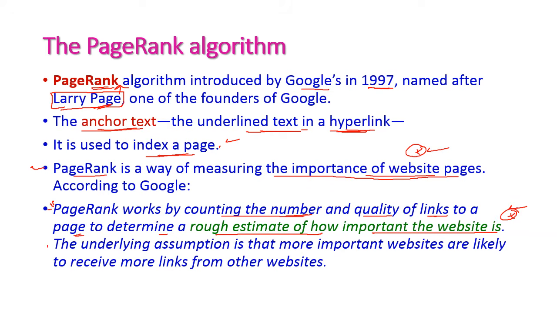The underlying assumption is that more important websites are likely to receive more links from other websites. That means the more important websites will come on top of the index, and the less important will come at the bottom. Based on the importance of the website, the rank will be assigned.